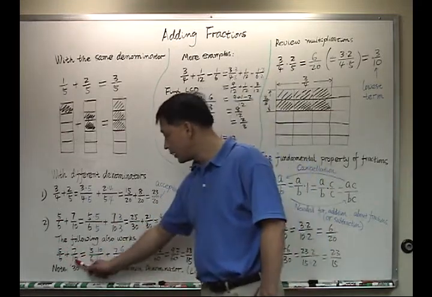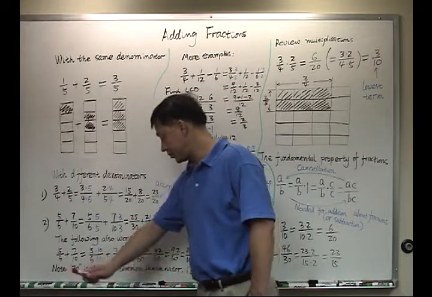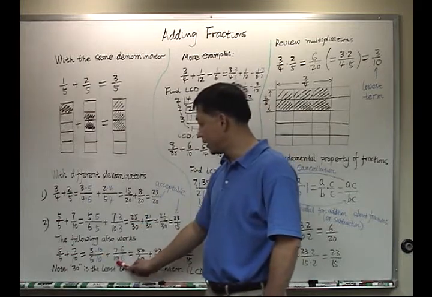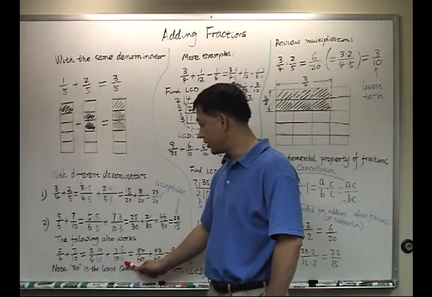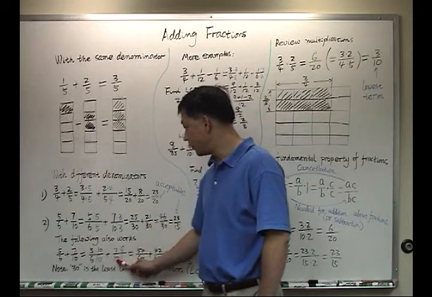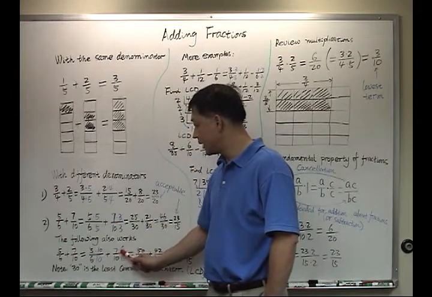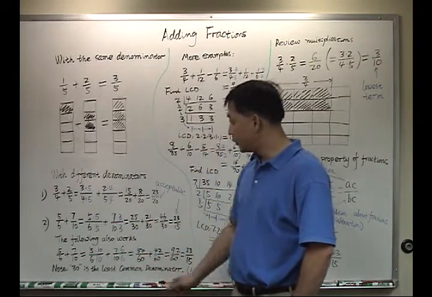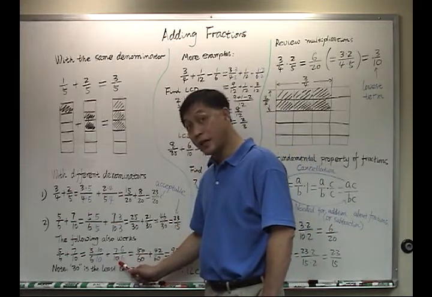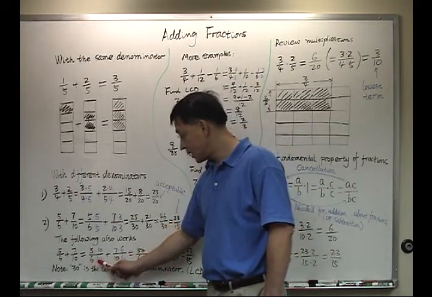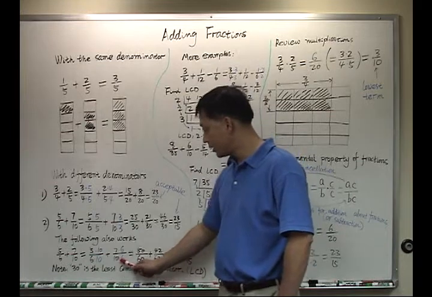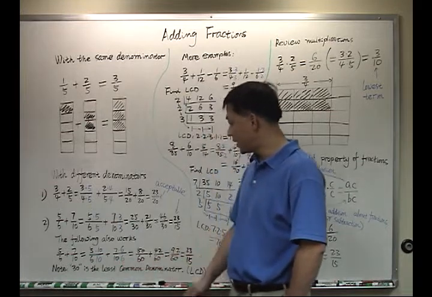And here 10 can be multiplied by 6. So 10 multiplied by 6, 7 multiplied by 6. Okay? The reason I do this again is that 6 times 10 you have a 60. 10 times 6 you have a 60 again.